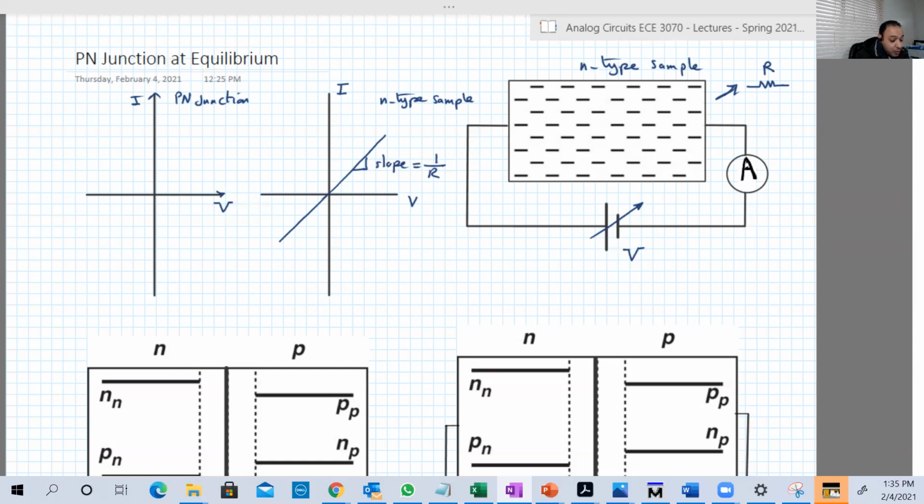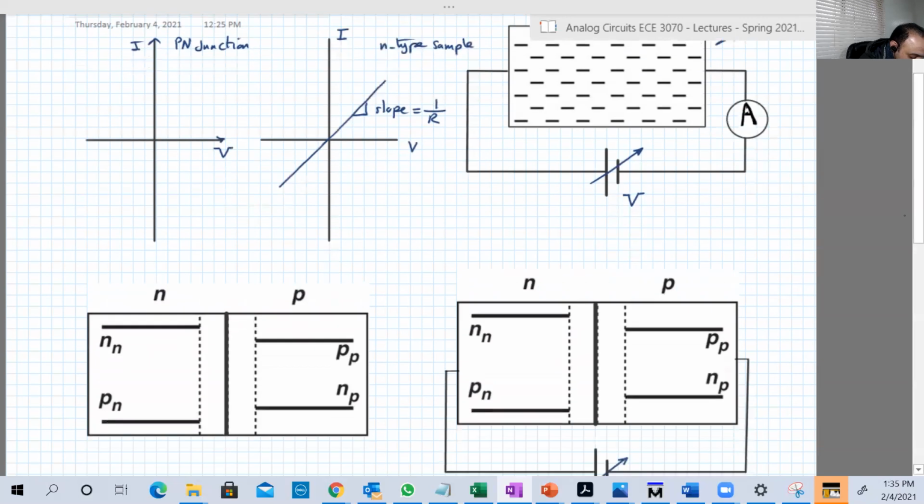Now let's redo this experiment for a PN junction. As you see here, we have an N region of silicon, a region that has a majority of electron carriers and a minority of P carriers, or the holes, and another region here which is P-type silicon, which has a majority of holes and a minority of electrons.